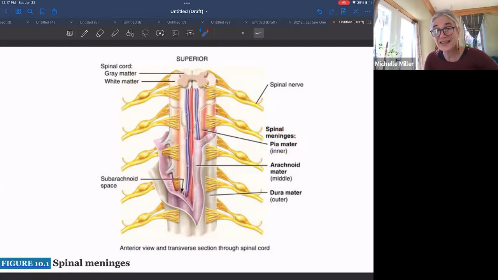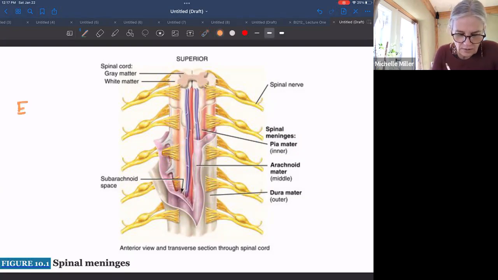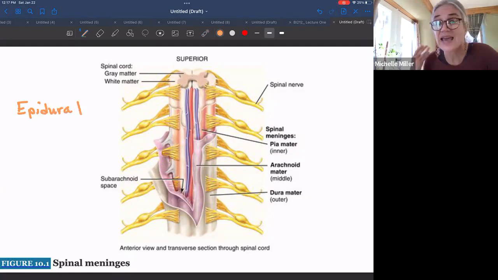So this actually relates to some things that you probably have heard about. So we have, for example, an epidural. What is this? This is an anesthetic that blocks nerve impulses. And so epi means upon. So the epidural would be applied on the top of the dura mater.